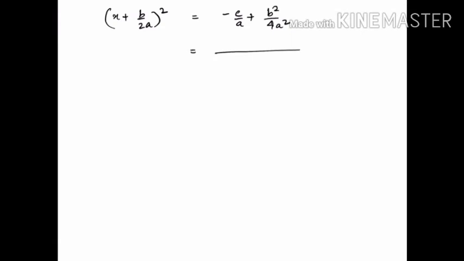Adding the right side, the LCM is 4a square. The first term will be 4a times minus c, that is minus 4ac. How did we get this? Dividing the denominator 4a square by the denominator a, we get 4a. That 4a is multiplied to minus c.